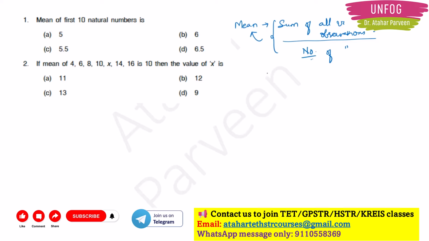Then only we can find the mean of those 10 natural numbers. It will start from 1: 1, 2, 3, 4, and they will go up till 10. These are the first 10 natural numbers.